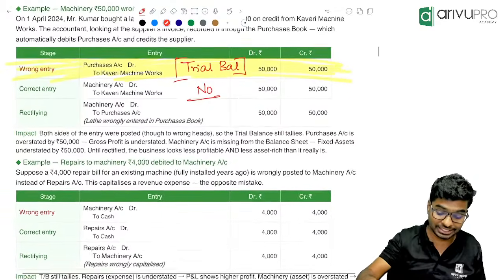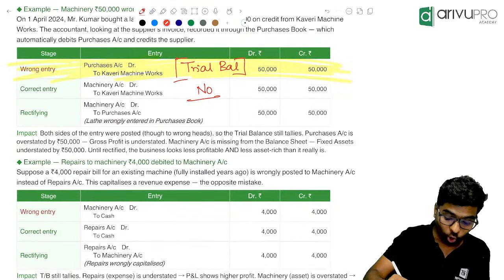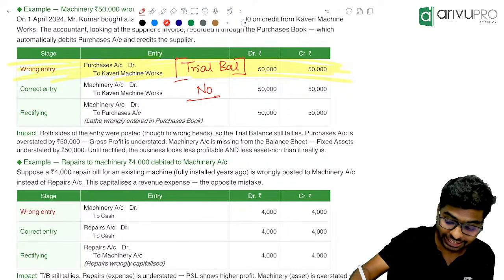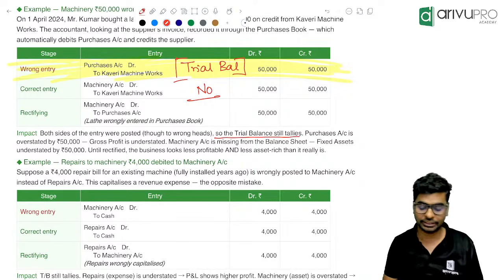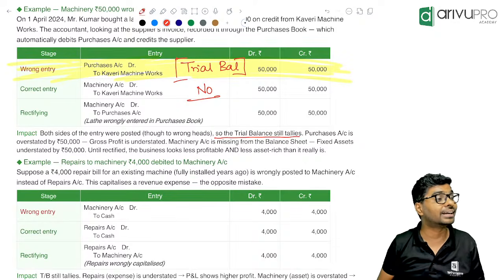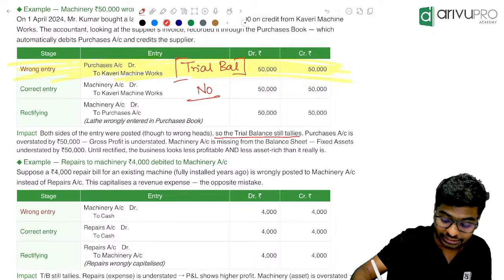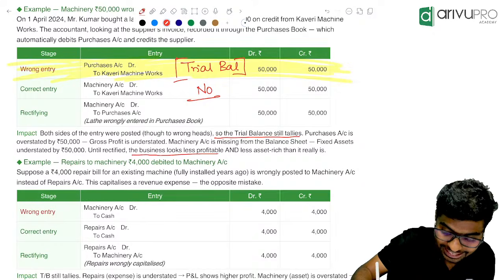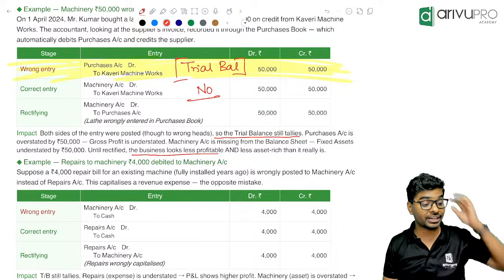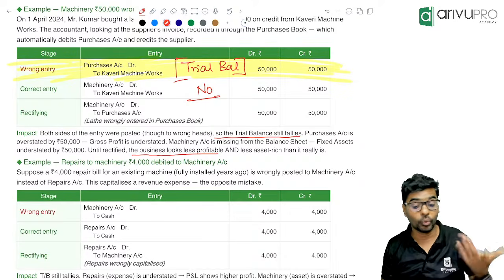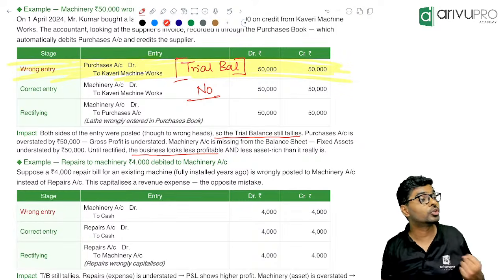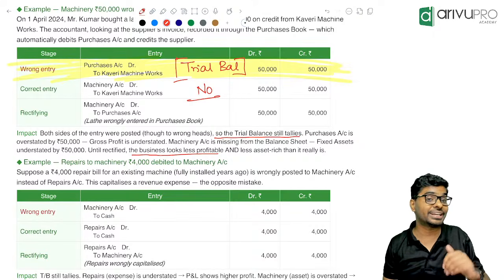Here is the impact. Both sides of the entry were posted, so the trial balance will still tally. Until rectified, the business will look less profitable. Why? Because you are showing machinery as purchase.